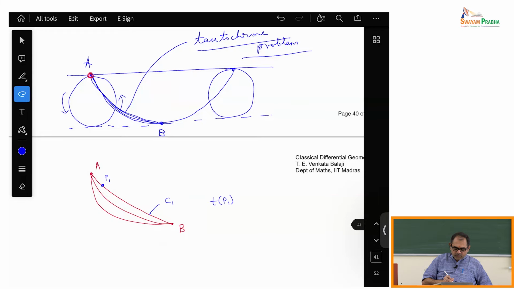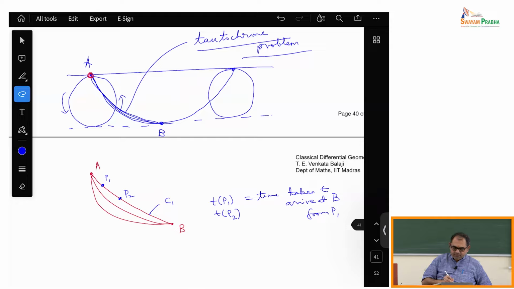Now suppose I start at P2 instead of P1, and I look at the time taken by P2. So this is the time taken to arrive at B from P1.